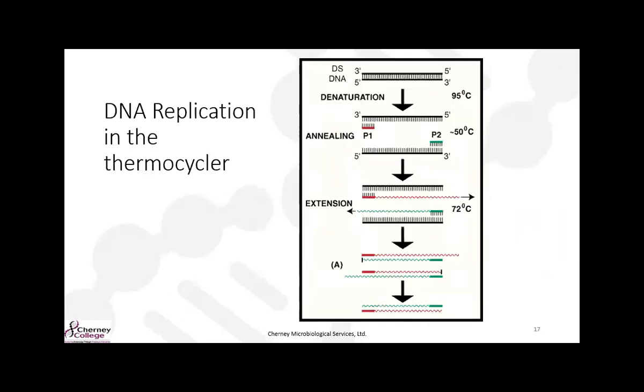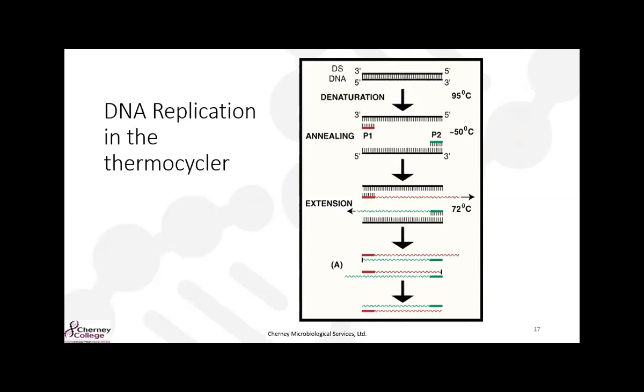So, DNA replication in a thermocycler. What this looks like is the picture on the right. We have on the top our double-stranded DNA. The denaturation step happens at about 95 C, where it's going to cleave those two DNA strands apart. The next step, at about 50 degrees C, the annealing, is where those primers attach.